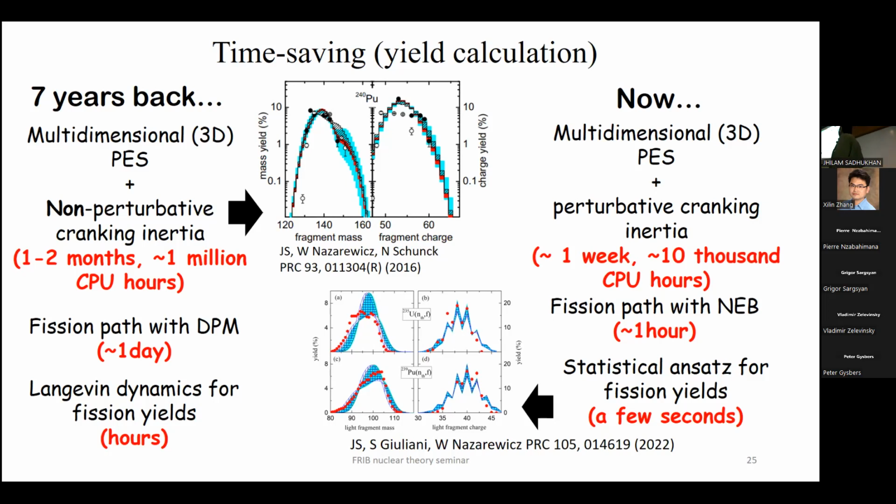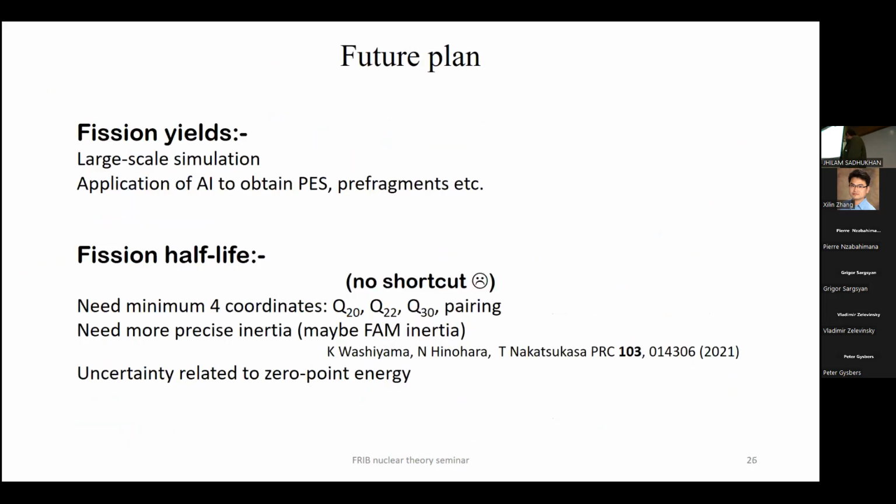Precision wise, these are quite good. What we gain is time saving. Now we can get this type of distribution in a week, what we were getting in months. So this is the whole time saving as well as money saving, and we can now do large scale calculations.